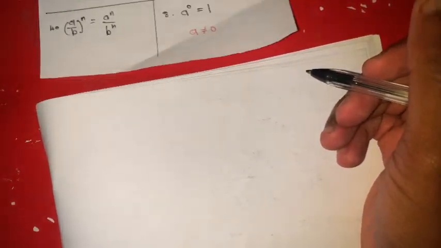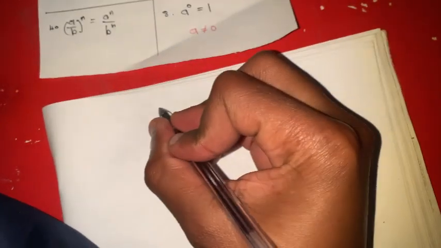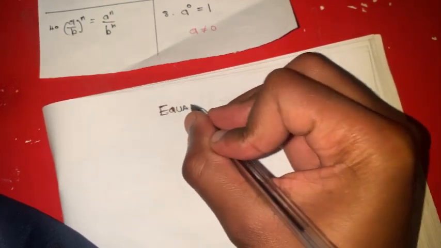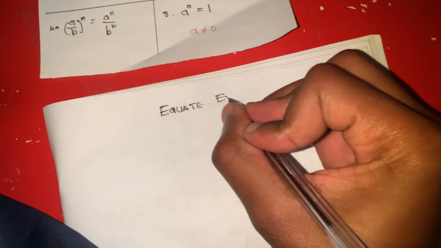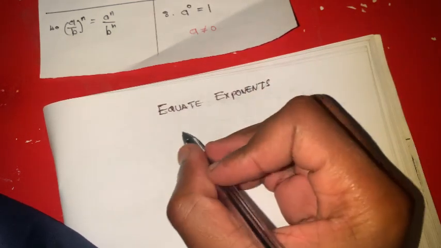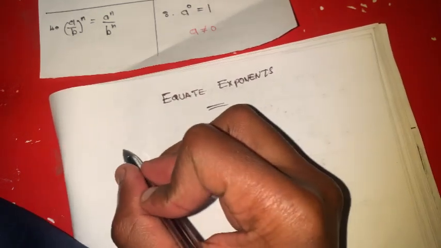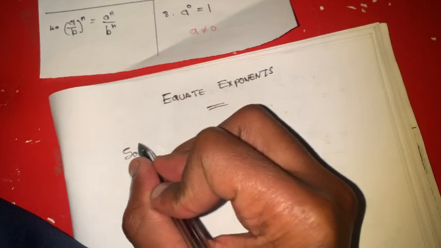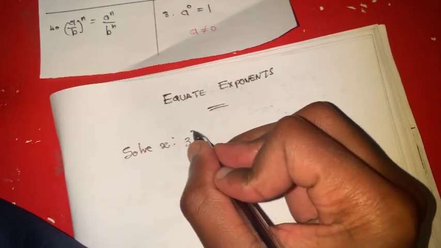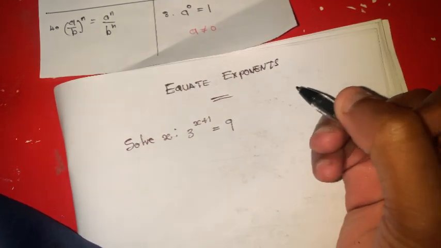Now we shall look at equating exponents. To equate is simply to put an equal sign. Say you have an example that says solve for x, where 3^(x+1) is equal to 9.